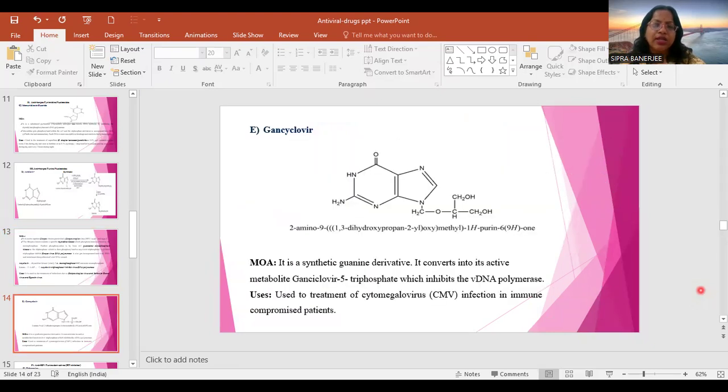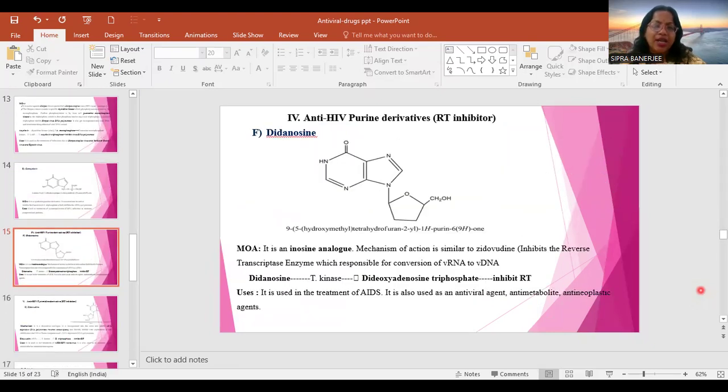Now there are other drugs like ganciclovir and didanosine, an anti-HIV derivative, an inosine analog. There is a purine ring there. It also inhibits the reverse transcriptase enzyme, which is responsible for the conversion of viral RNA to viral DNA. It is used in the treatment of AIDS.